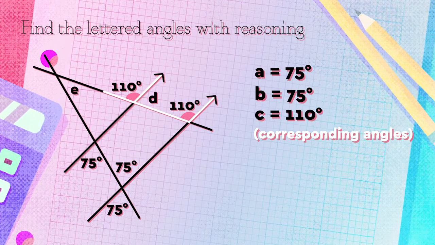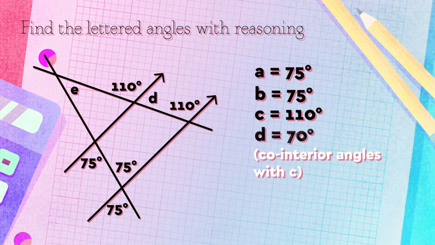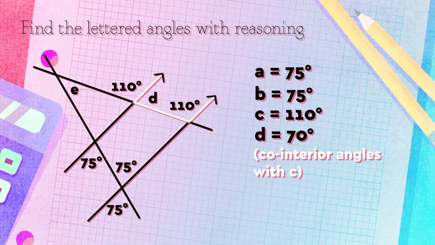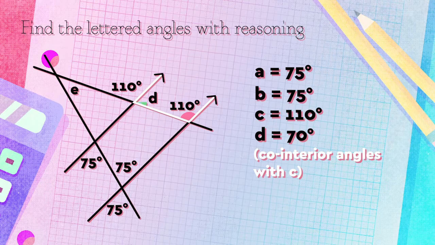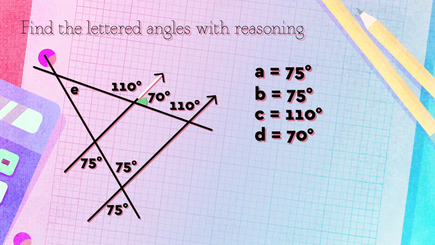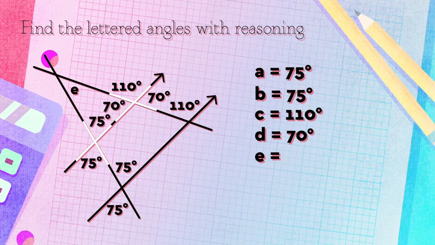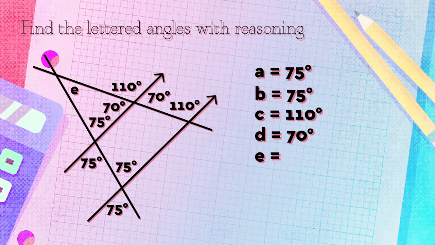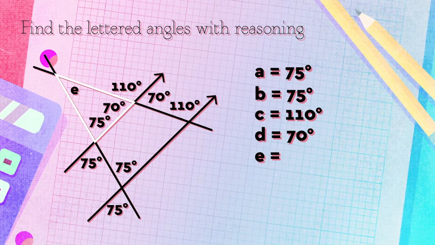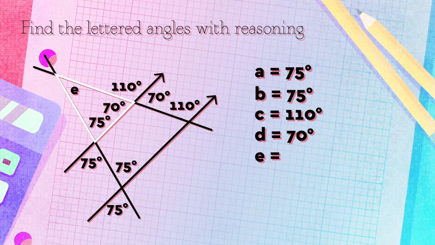Angles D and C are co-interior angles, so angle D is 70 degrees, and the reason is co-interior angles add to 180 degrees. The last angle to be found is angle E. This requires the angle reasoning that opposite angles, that is, angles in an X shape, are the same. Hence, we have the angles opposite to D and A are the same as those two angles.